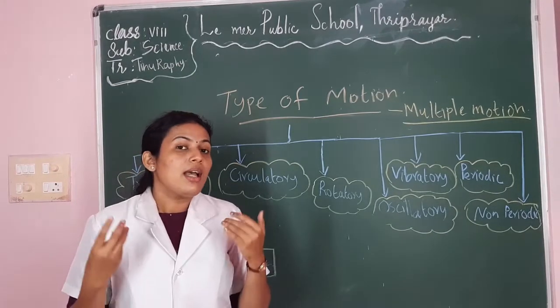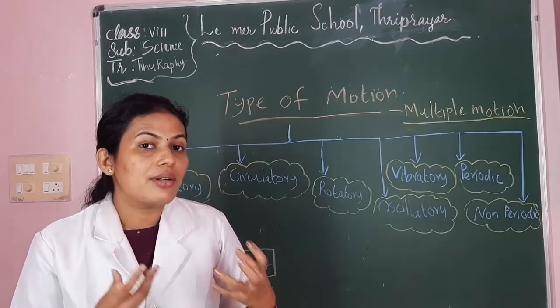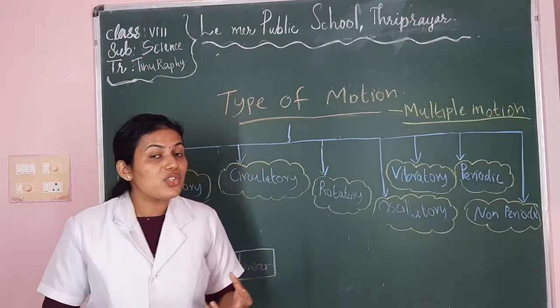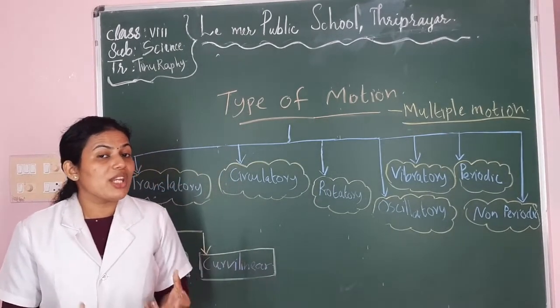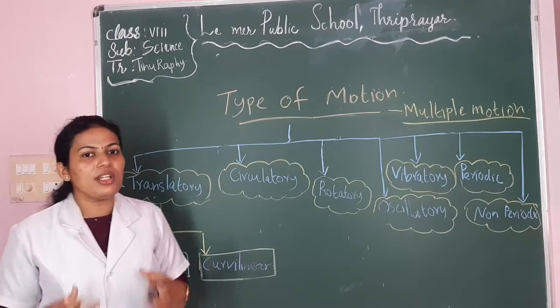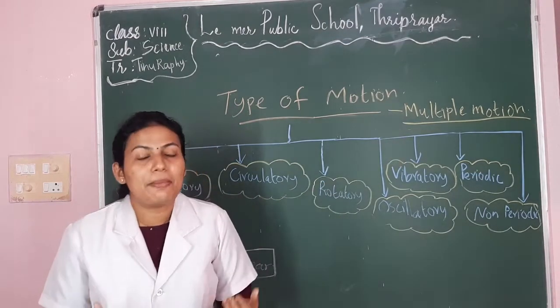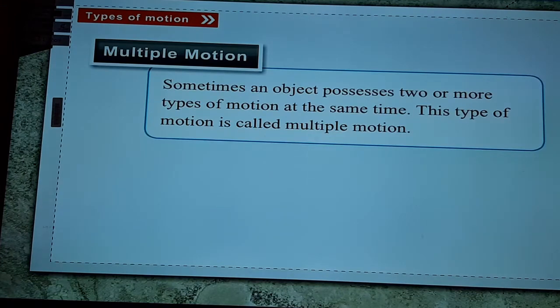So likewise, when we consider each object, it may show more than one type of motion at the same time. This property of motion is what we call multiple motion. Sometimes an object possesses two or more types of motion at the same time. This type of motion is called multiple motion.